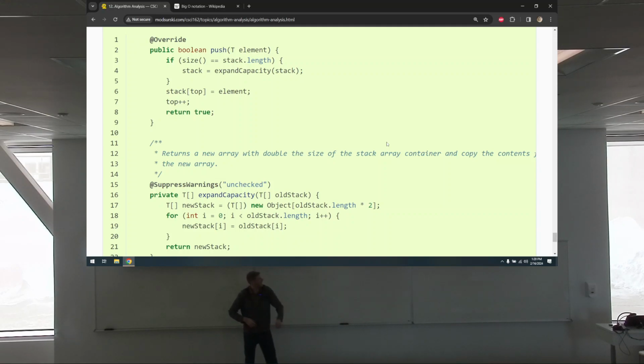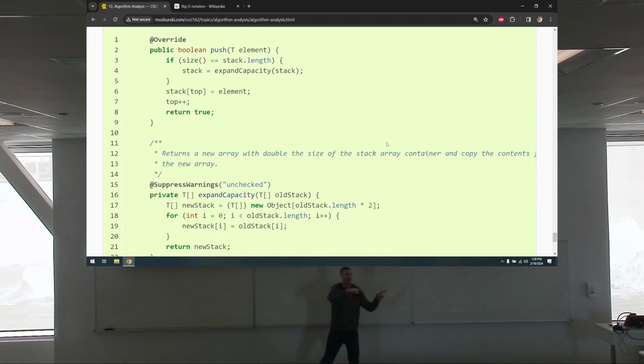So let's hit what you said and then we'll be done. Real quick. I have an array of size 50. How many times do I get constant time pushes before I have to do an expand capacity? 50. And then I have to do 50 units of work. Then I can do 50 more pushes because of the 100.